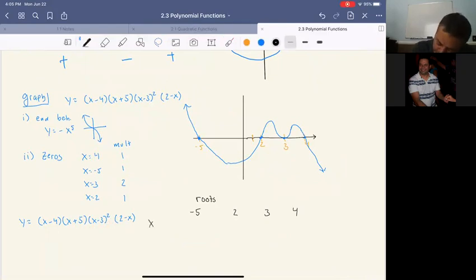So, x minus 4, x plus 5, x minus 3 squared, and 2 minus x.